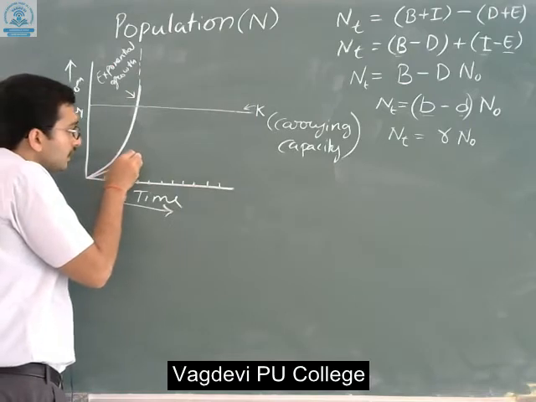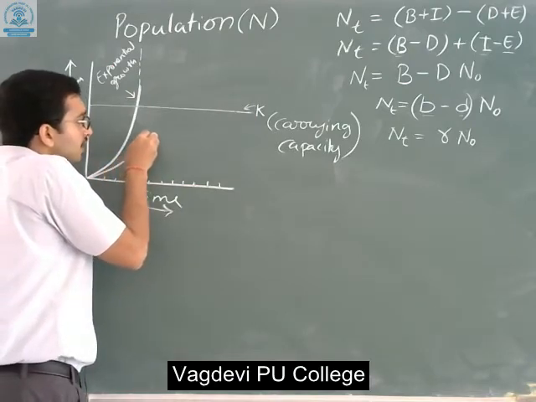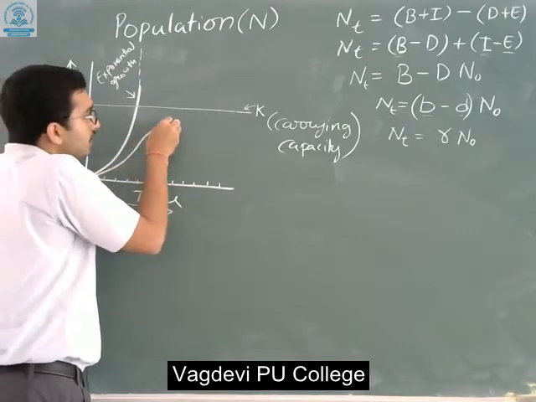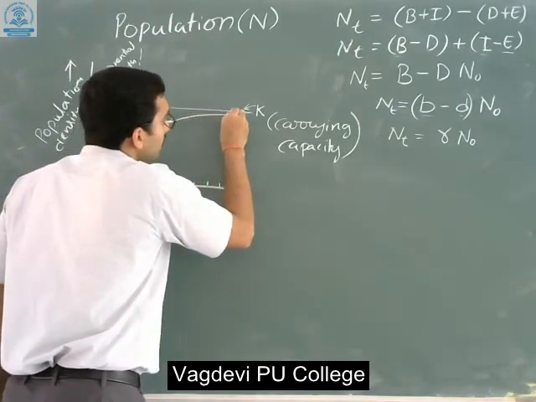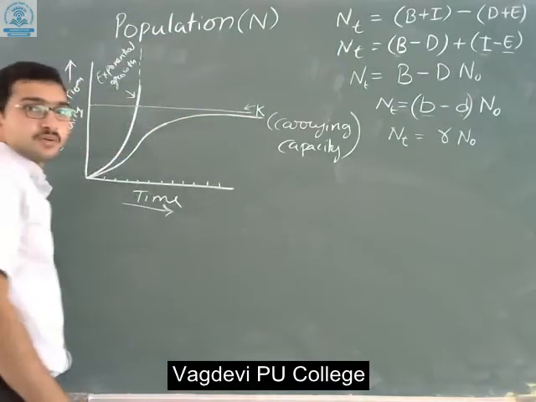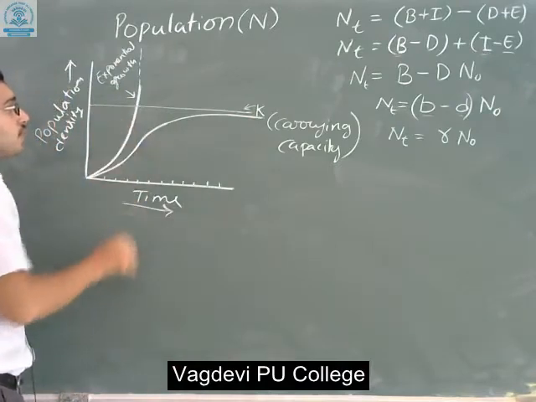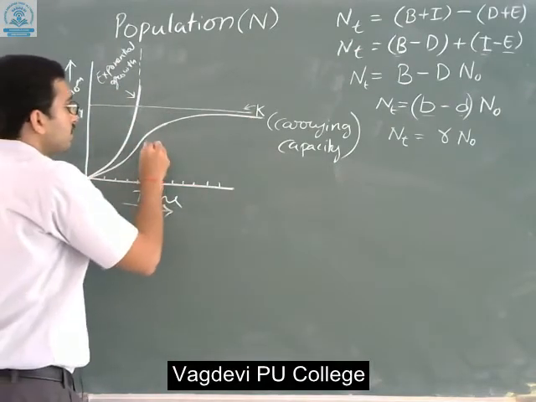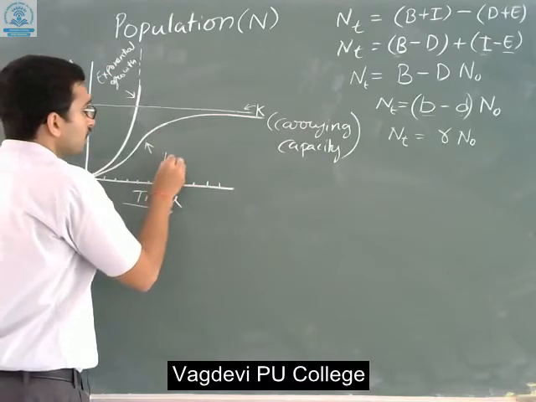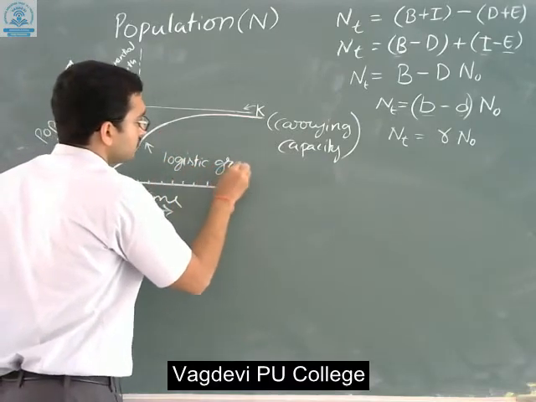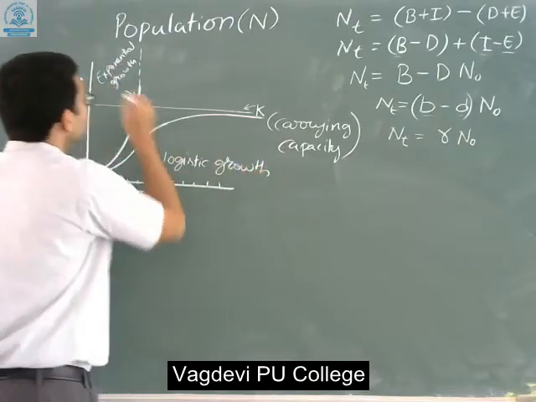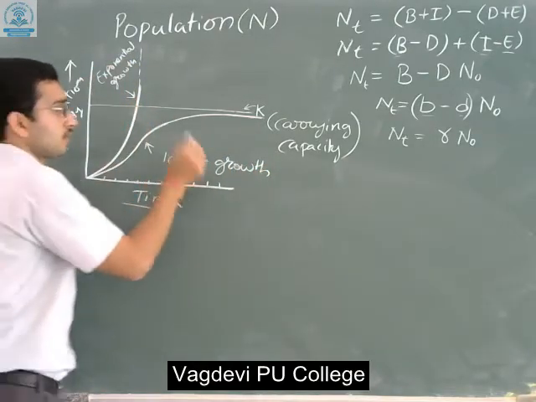After this it reaches acceleration, then at some moment deceleration, and next it reaches the stationary phase. This is the sigmoid curve, which is expressed as logistic growth.